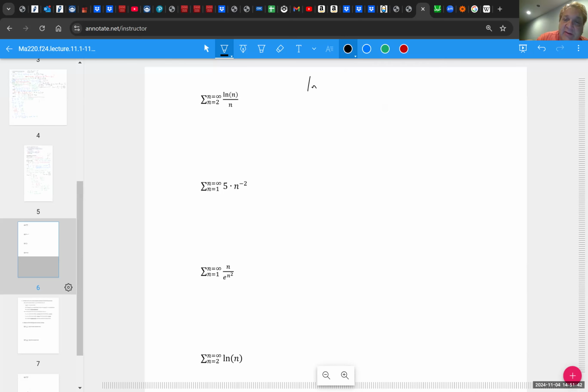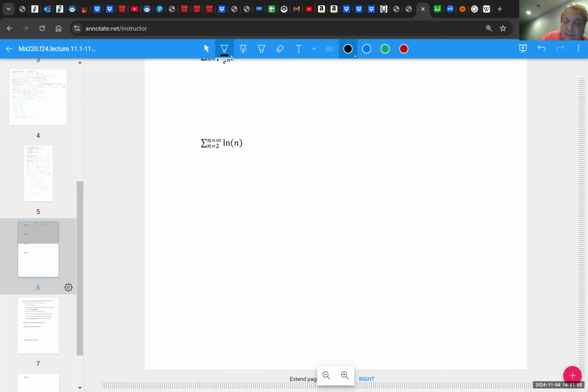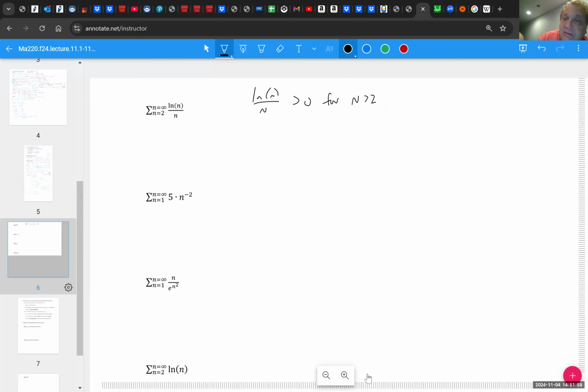These are all positive values for n bigger than 2. The ln of 2 is a number that's bigger than 0. I'll show you the ln graph again so you can get a sense of the scale.